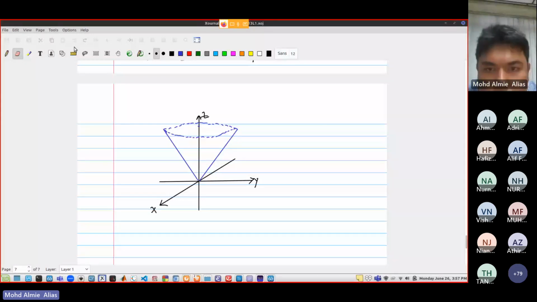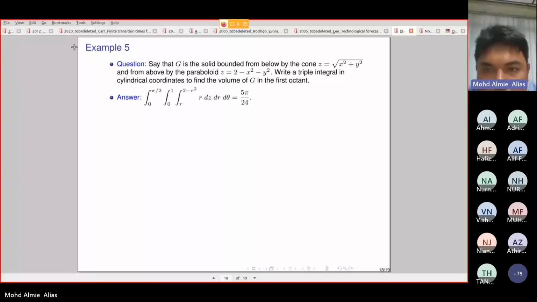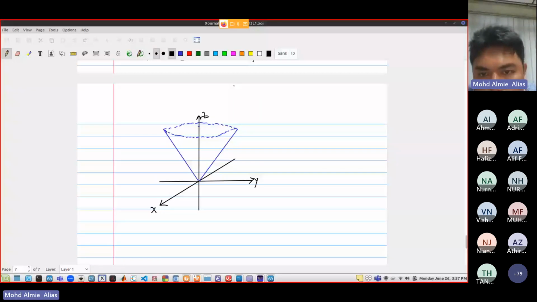Okay, and then you have the paraboloid. Here you can see that you have the cone Z equals to square root of x squared plus y squared. When x and y equal to 0, you have Z equals to 0. And that's why you have this point.